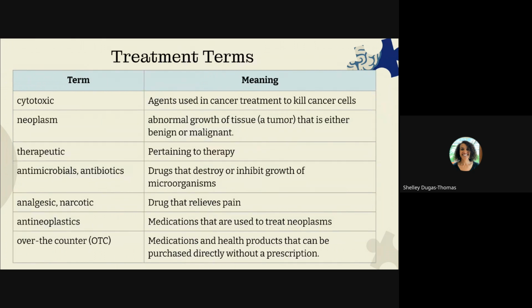Let's combine our roots to understand clinical treatment terms. Cytotoxic combines cyto plus toxic, cyto meaning cell and toxic meaning poison. These are cell poisoning agents used to destroy cancer cells. Neoplasm combines neo, which means new, with plasm, which means growth, an abnormal tumor that can be benign or malignant.